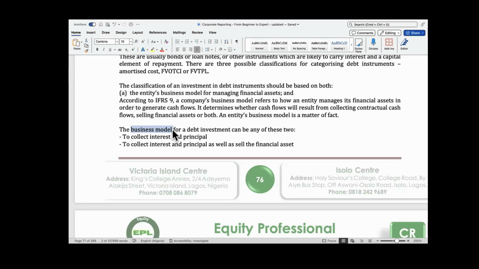In another case, collecting interest and principal is like a constant thing for debts, because you always get interest. But if you also have the intention of selling, okay, that's an addition to just collecting interest and principal. So for us here, those are the two possible business models you can have.